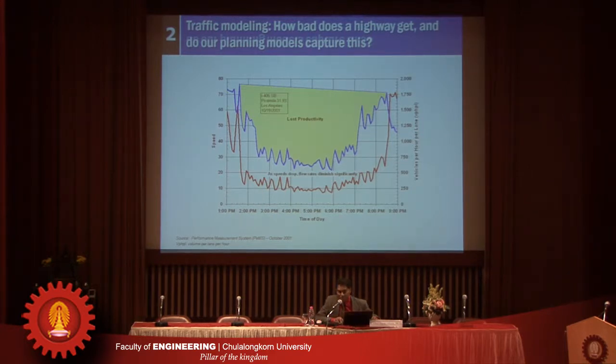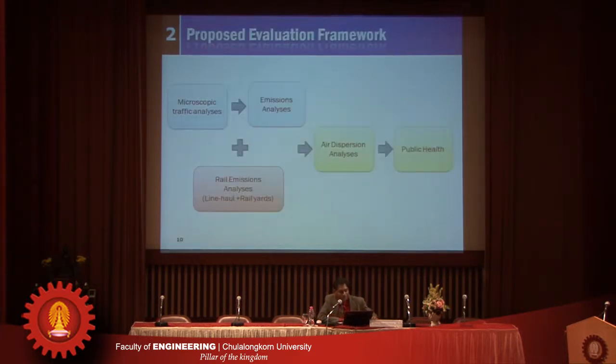This is an important problem that needs to be kept in mind, and it's particularly applicable for Thailand in my mind. So an evaluation framework for it, as I already mentioned, is to do a microscopic analysis, a separate analysis of the emissions using detailed vehicle movements and trajectories.